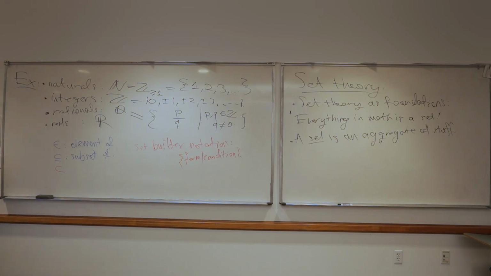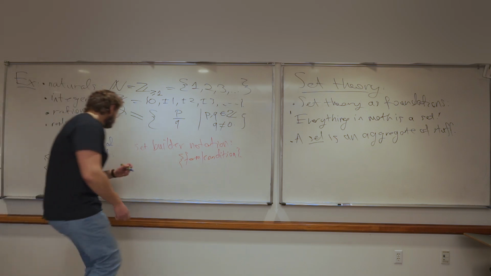And just like this kind of means strict inequality, and this is not the strict inequality. Just because there is ambiguity, I'm going to always use this. And if I mean strict inequality, I'm going to explicitly draw a dash through this line. So, proper subset.